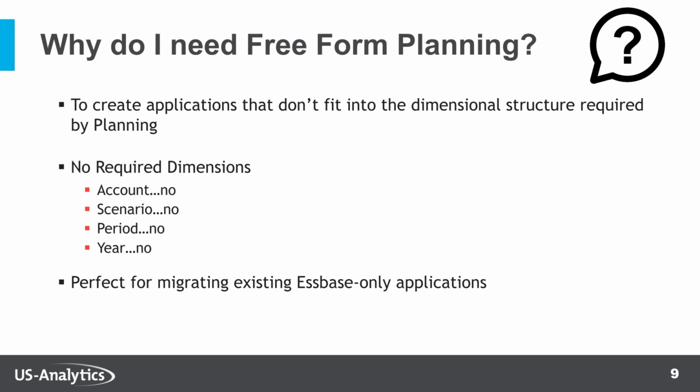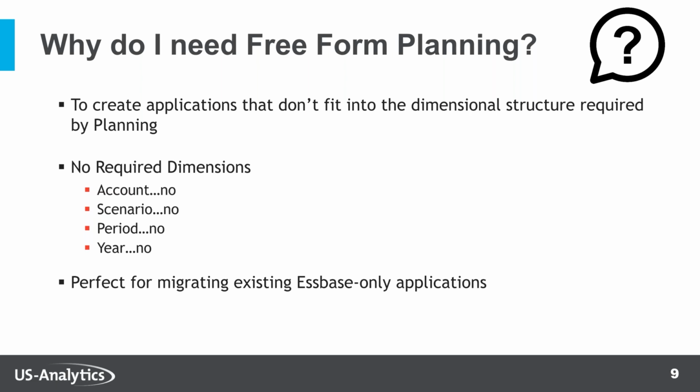So why do I need freeform planning? I've already kind of talked about this a little bit, but it's really about trying to take our on-prem applications that are Essbase only and finding an economical way of getting those to the cloud. Because OAC, when it released, it really wasn't it. A lot of our clients that had larger, more complicated applications that were just Essbase had a lot of trouble finding a place for those to fit into the cloud.